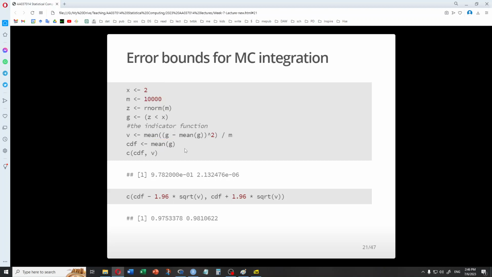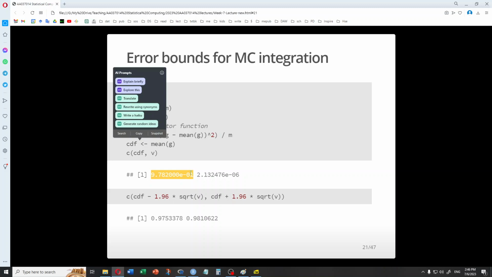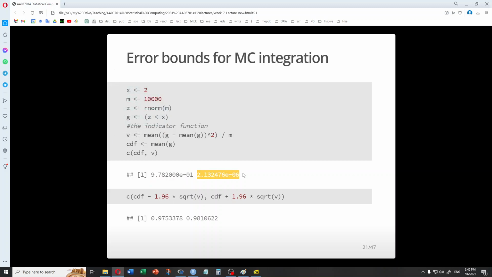Okay, so here we can see that the expected value or the mean of g is given by this one, and then this is the variance, which is 0.0000213. Okay, and then we want to compute the 95% confidence interval, because 95% confidence corresponds to the z value of 1.96.